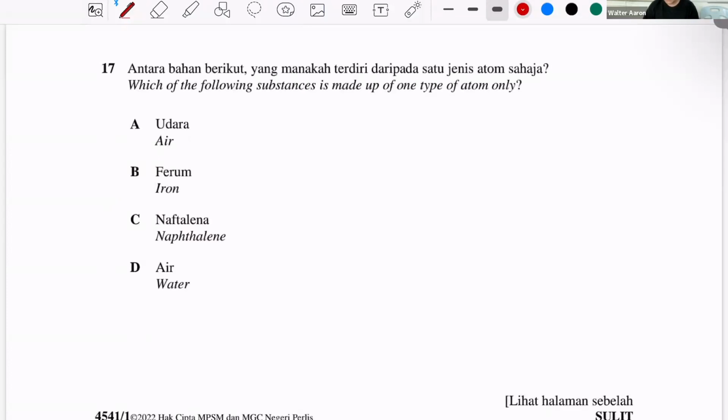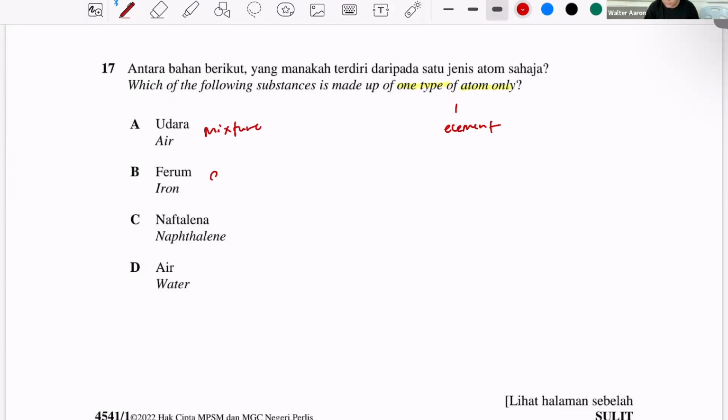17. Which of the following substances is made up of one atom only? Usually we look into pure metals or noble gases, because it says only one type of atom, so they are referring to an element. Air consists of many things, like carbon dioxide, oxygen, nitrogen, so this is a mixture.